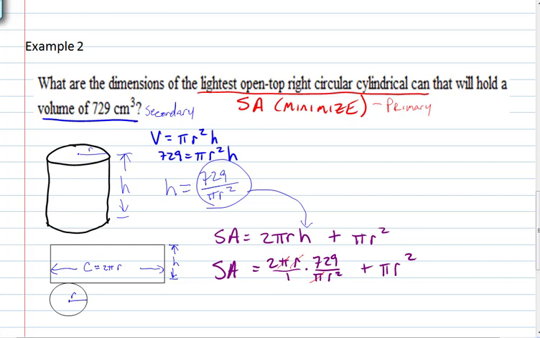This radius cancels with one of these. So I have the equation, surface area is equal to, what's 2 times 729? 1458? So this is 1458 r to the negative 1 plus pi r squared.